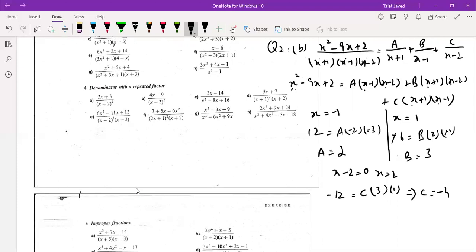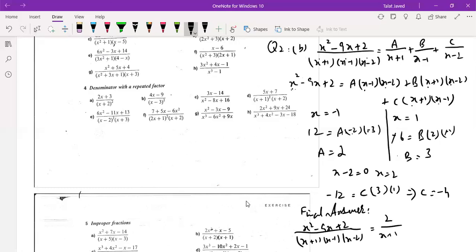So in this way, you will find the final answer of this fraction. The final partial fractions of (x square minus 9x plus 2) divided by (x plus 1)(x minus 1)(x minus 2) equal: a is 2, so this is 2 over x plus 1; b is 3, so plus 3 over x minus 1; c is minus 4, so minus 4 over x minus 2.